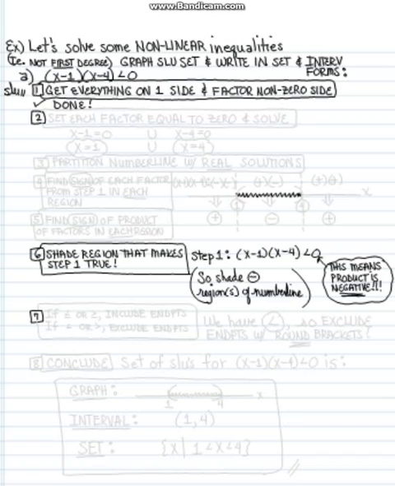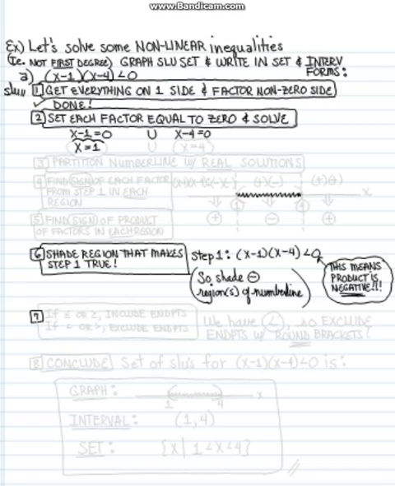Set each of your factors equal to 0 and solve. Okay, first factor is x minus 1. Set that equal to 0, and x equals 1 when you solve it. The other one is x minus 4 equals 0. We're going to set that factor equal to 0 also and solve.